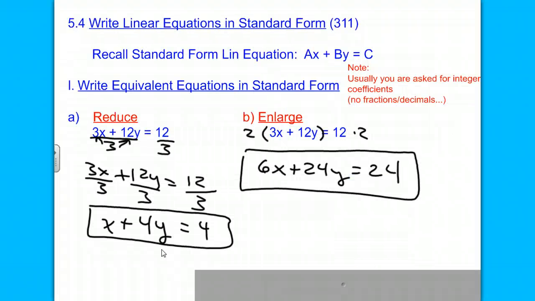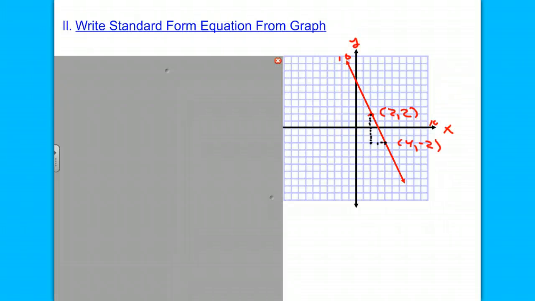So let's do something. Okay, so we are going to write a standard form equation from a graph. So take this down and then come back and we'll walk. Okay, so if we're going to write an equation in standard form from a graph, where could we begin? What's the first thing you want to get from the line that you see here?